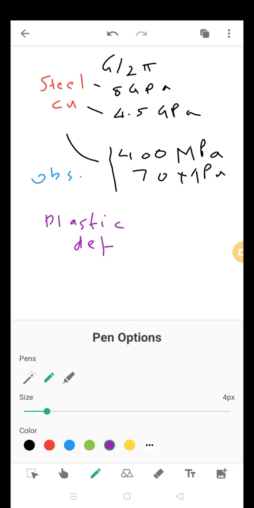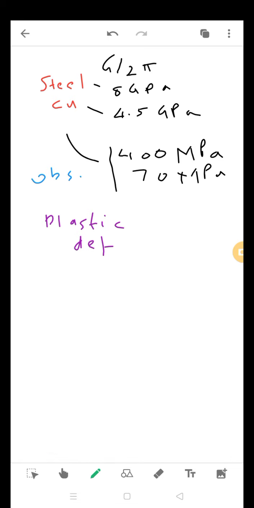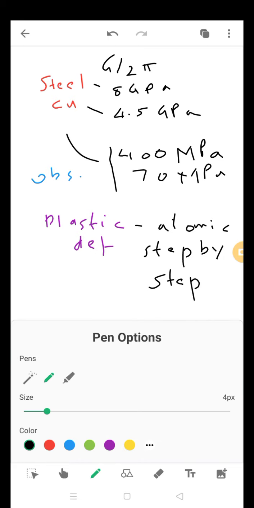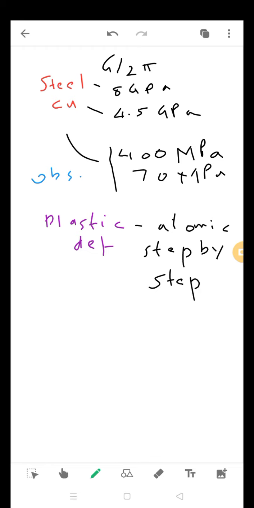So we should first understand that it is an atomic step-by-step phenomenon. So we have a dislocation like this.